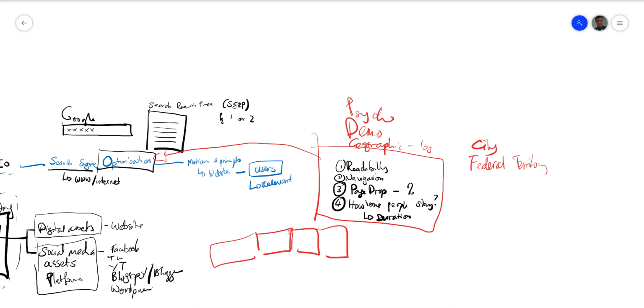When people say SEO compliant, you want to be among the best. You want to be as SEO compliant as possible. But remember, there's one term here: relevant to the users. Google or any search engine wants to make sure whatever appears on their search result pages is relevant to the users.